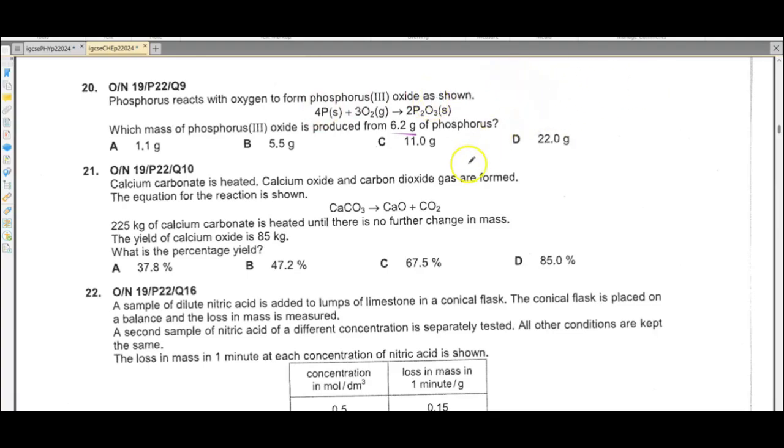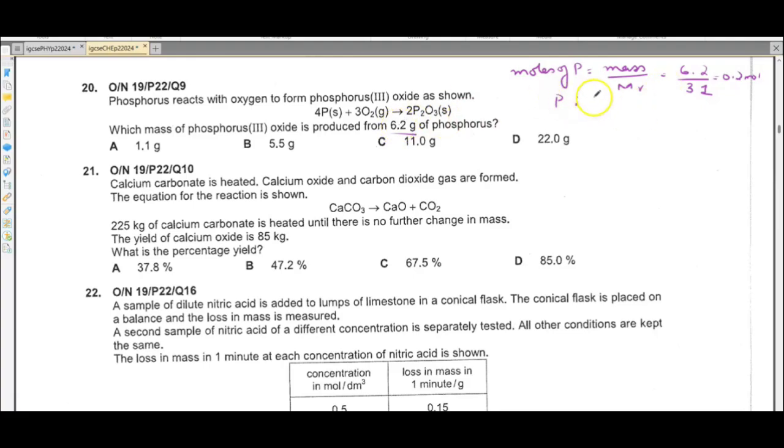So first thing is first, we need to find the moles of phosphorus. Okay, so that is mass over Mr. The mass over here is 6.2 and Mr for phosphorus is 31. So that gives us 0.2. Okay? Once we have the moles, we are now going to find the moles for phosphorus 3 oxide.